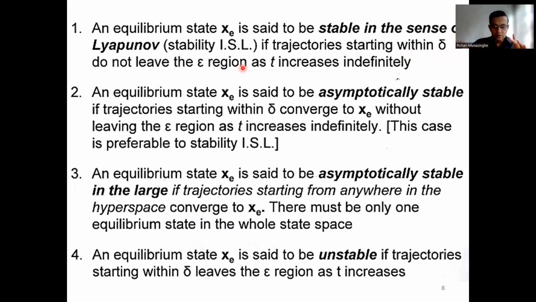The trajectory will be contained within that space. So that is what is called stable in the sense of Lyapunov.